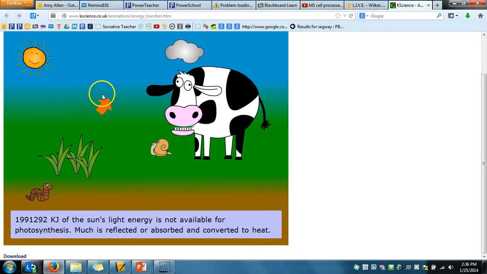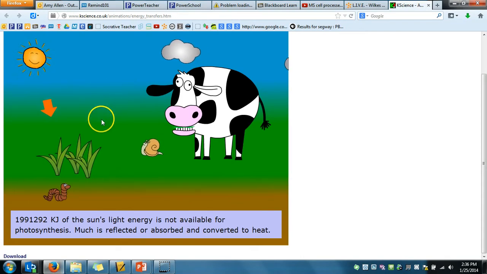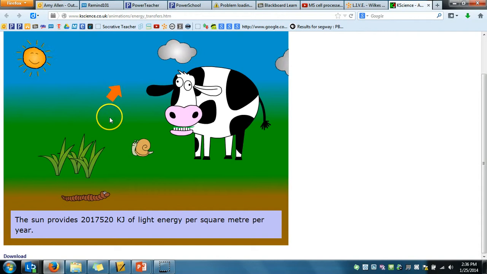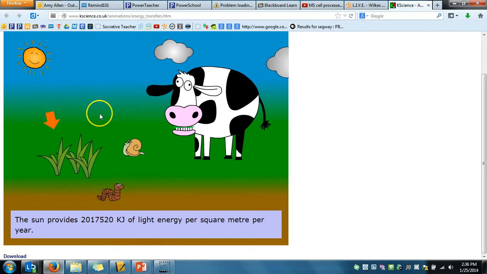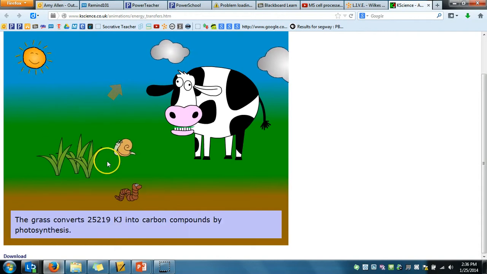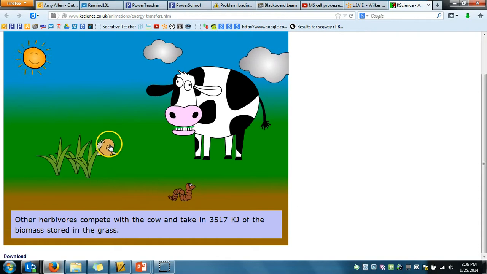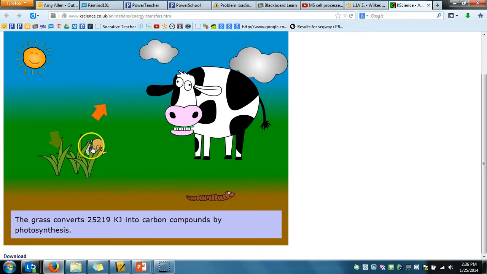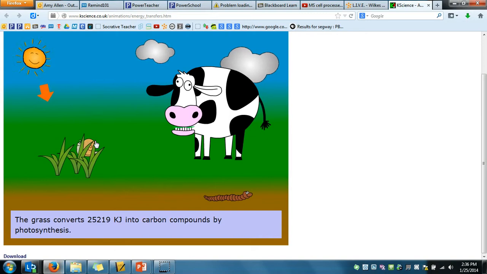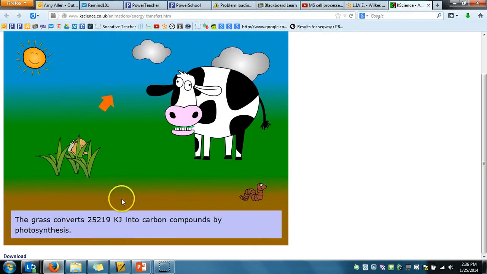But most of the sun's energy is not available for use by plants. If you take a look at the snail, it says that other herbivores compete with the cow and take in about 3,000 kilojoules of energy.